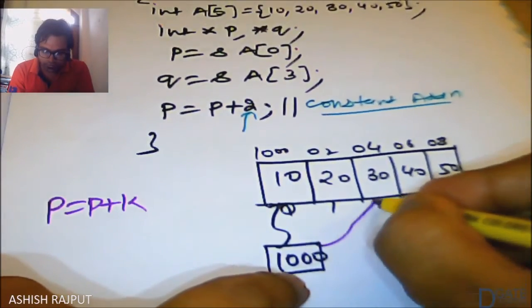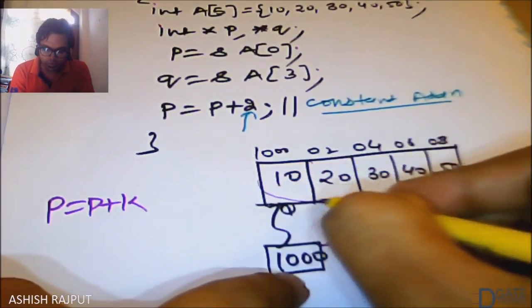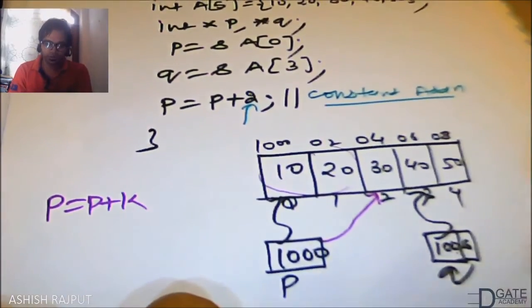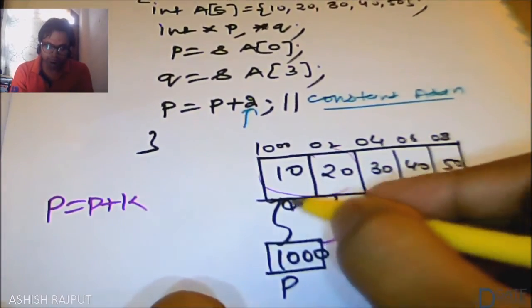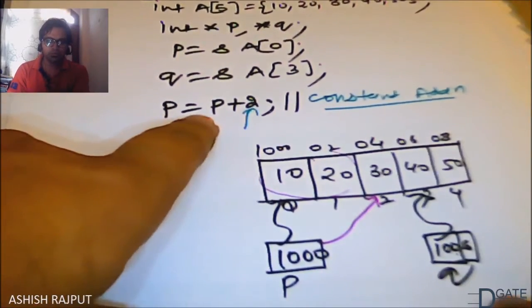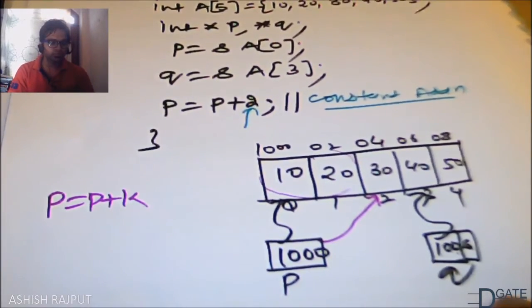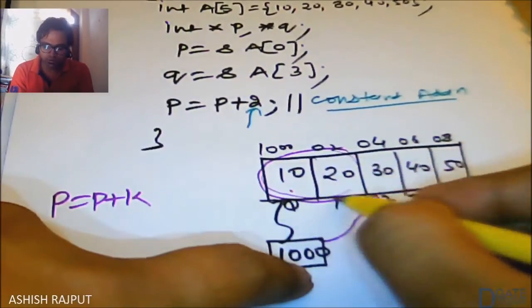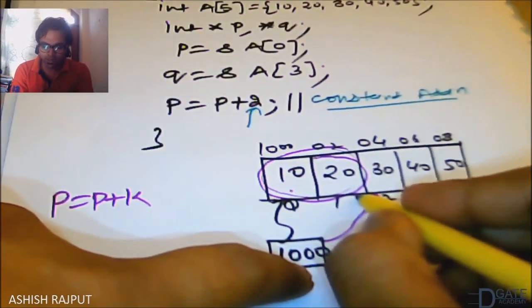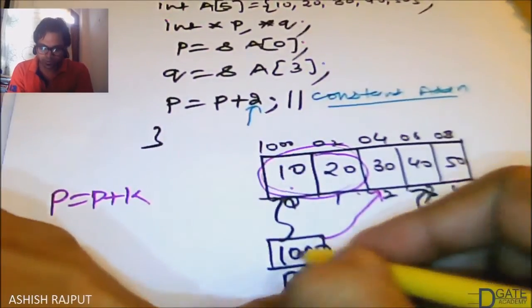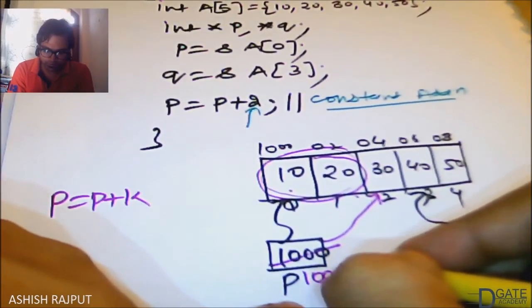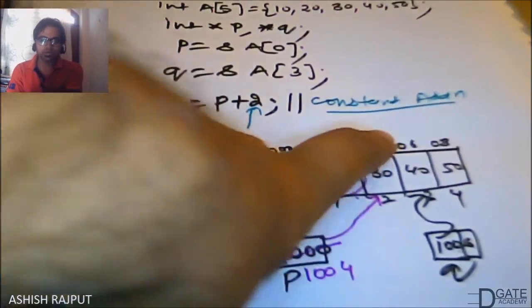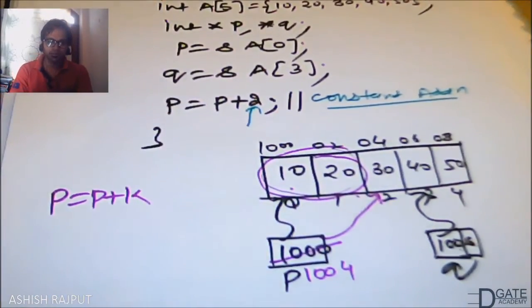Here, move two elements, 1 and 2. So P = P + 2 means move two elements forward. What is inside now? 1004. So this is the constant addition.